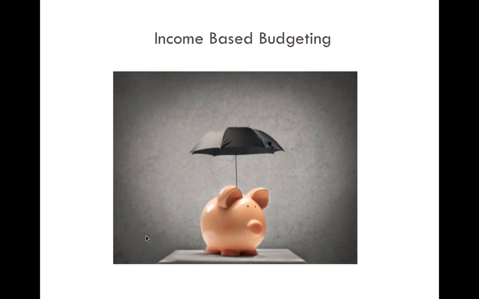So I want to talk a little bit about income-based budgeting. Some of the most reliable budgets yielding the best fiscal results for organizations are conservative and income-based. What that means is that you're budgeting for your income first. This means you're basing your income targets on realistic expectations, and you're only including reliable income in the budget.